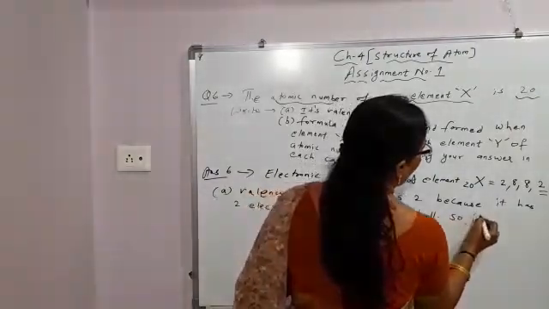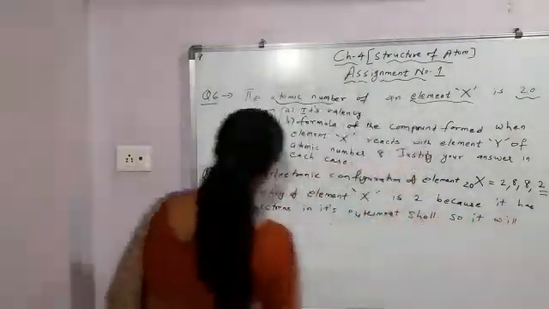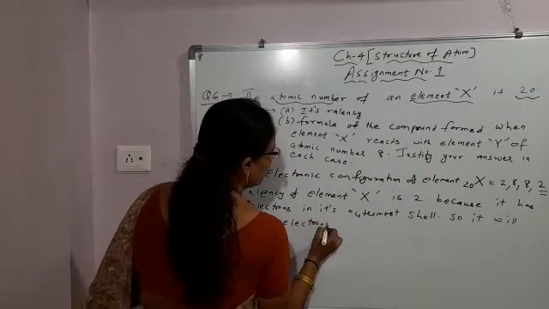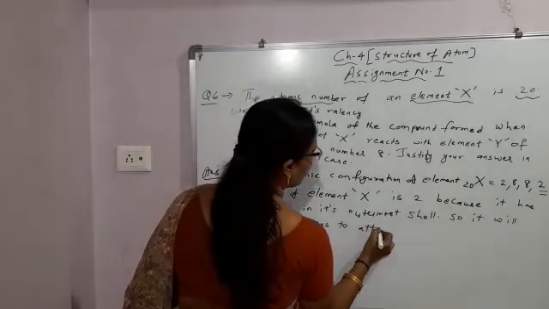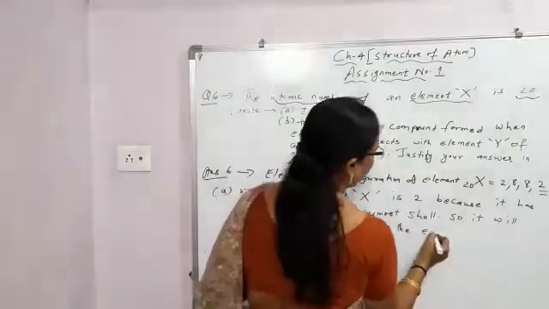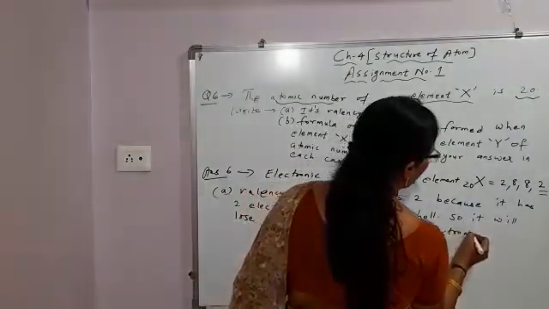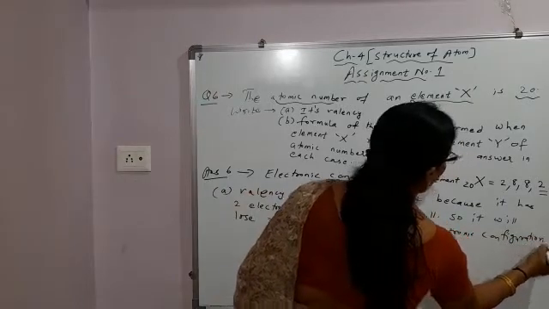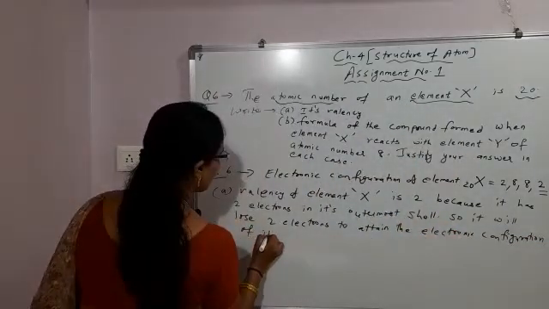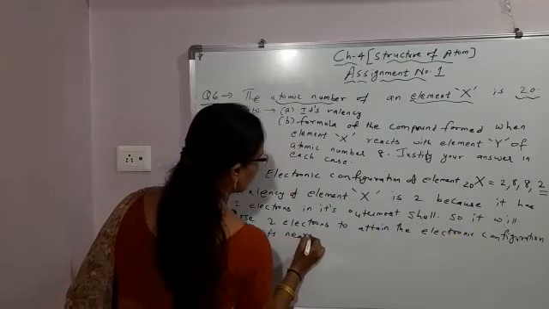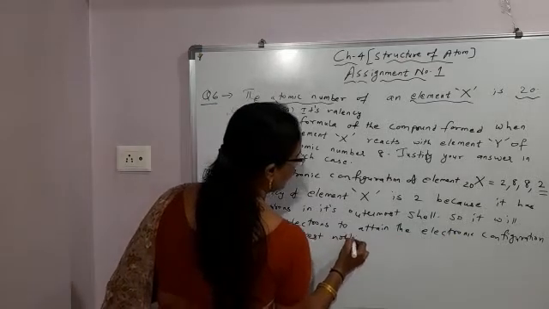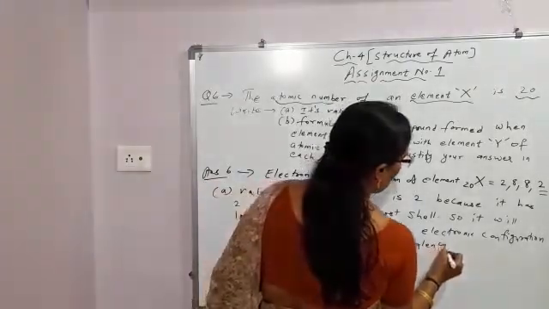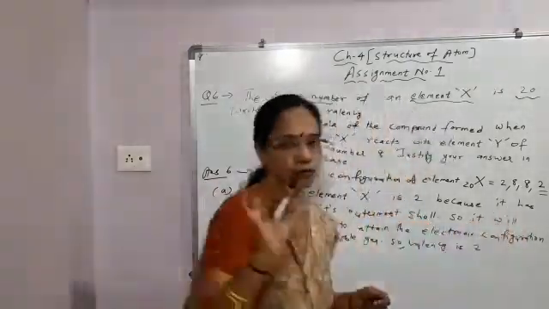So it will lose 2 electrons to attain the electronic configuration of its nearest noble gas. So valency is 2. Clear?